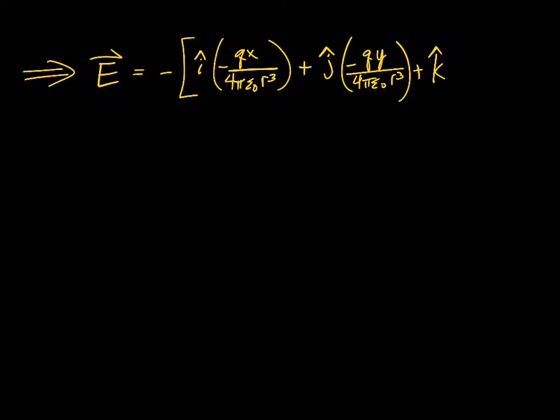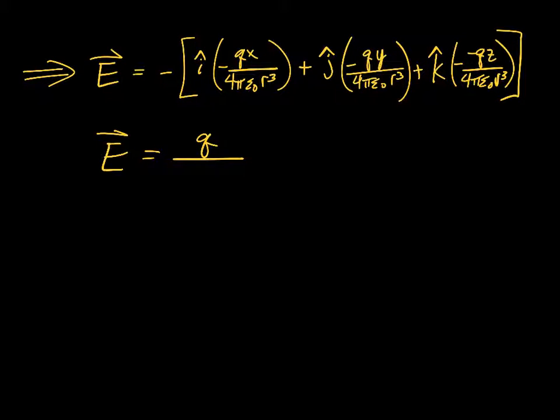So the IJK structure, again, so I can pull out all of them Q's, the 4 pi epsilon naught r cubed.